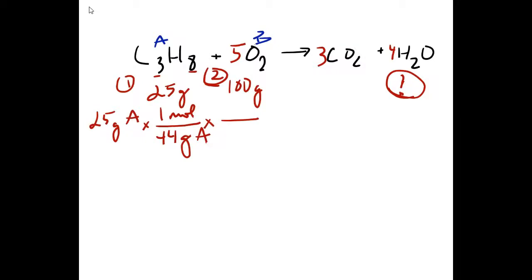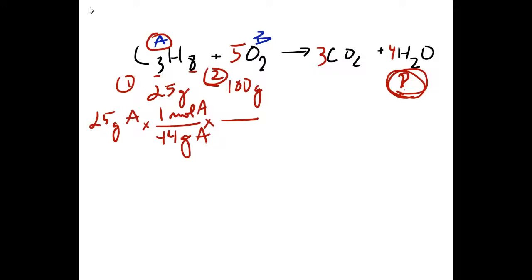Now, this is the critical part. In this step, I've got to do the mole-to-mole ratio between component A, reactant A, that I'm talking about, and my product of interest, which in this case is water. So the mole-to-mole ratio is given to me by the coefficients. And there's no coefficient in front of the propane.